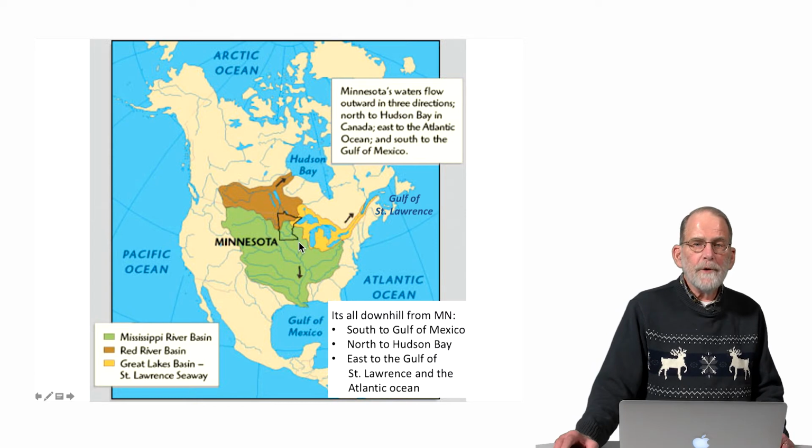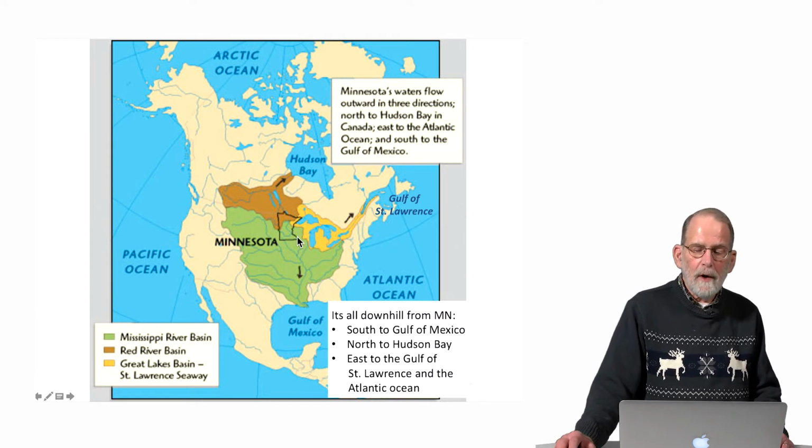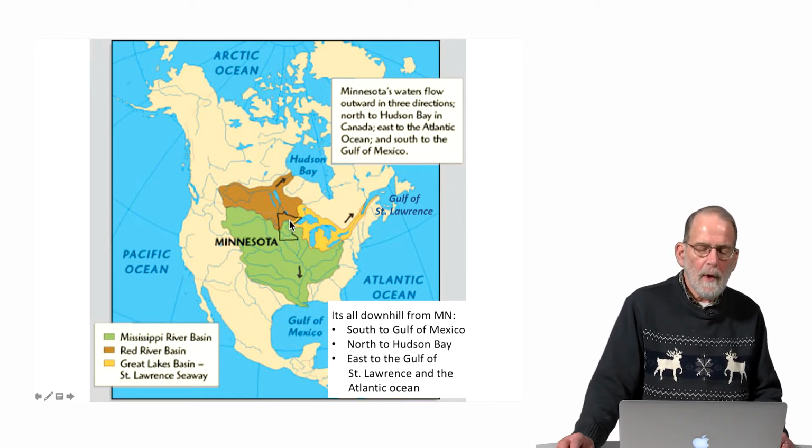So very few other states in the country are characterized as having three continental watersheds contained within their borders. And it can be said in general that everything in Minnesota is moving downhill.